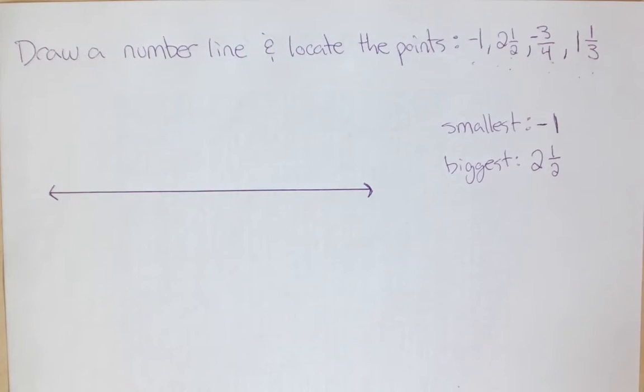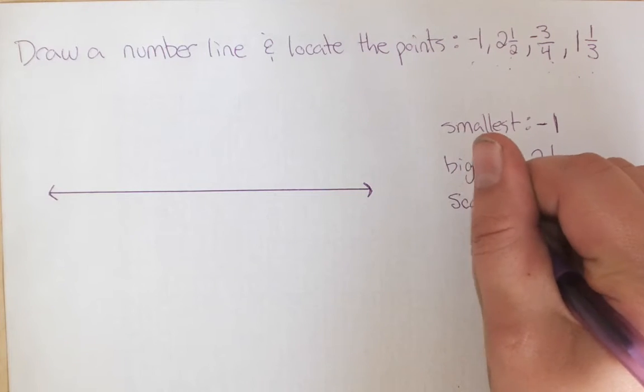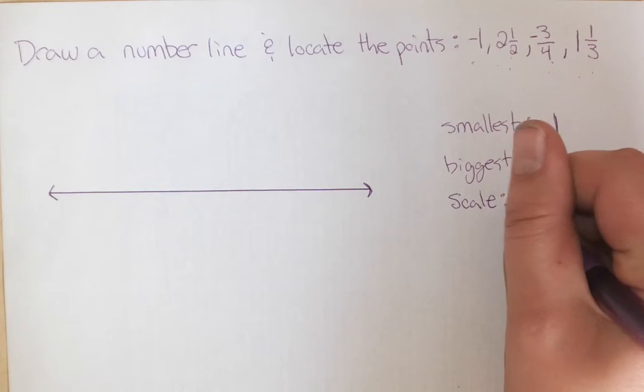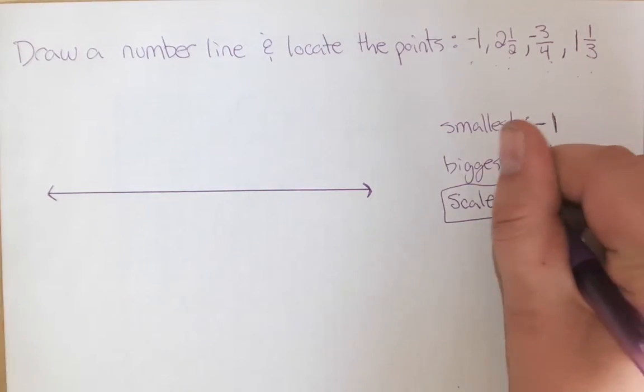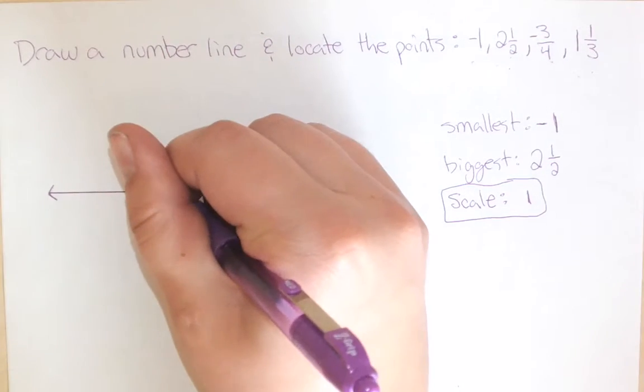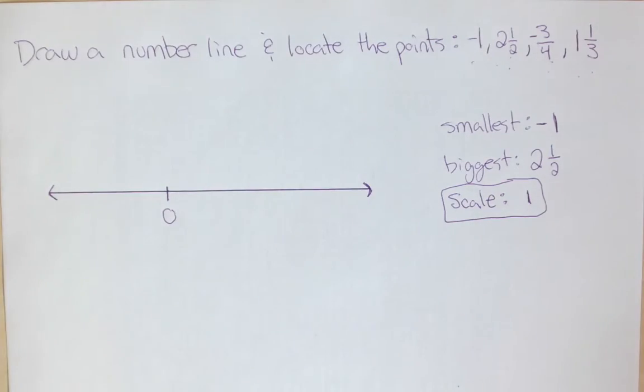To ensure that I get all of these numbers on my number line, I'm actually going to use a scale of 1, and I'm going to work from -2 all the way to +3. So here's my scale. I can place 0 wherever I want. I'm going to make mine a little bit further to the left so I have more room.